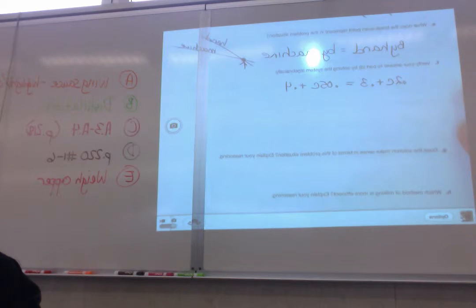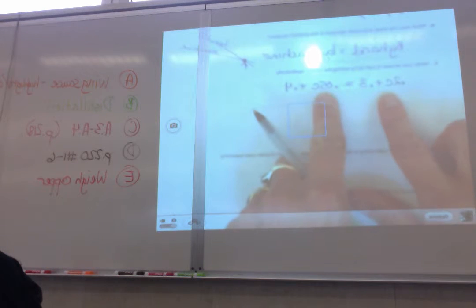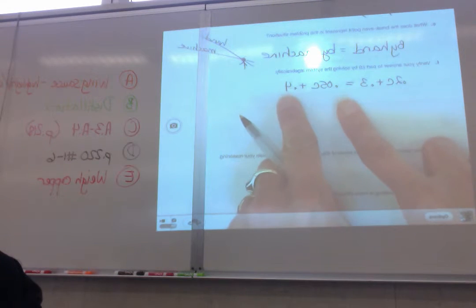What we did last week is we solved things two ways: one by graphing and looking where they crisscross, and one where we got them both in y equals form and set them equal to each other. Now we need to get the Cs on one side, the numbers on the other.